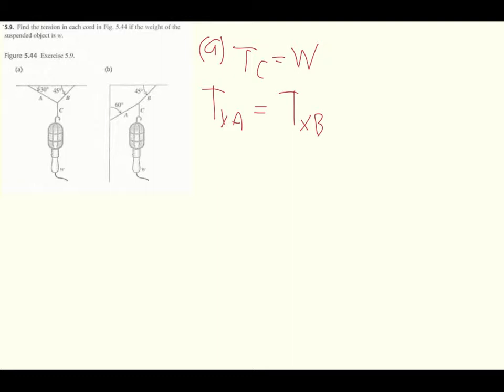And T_yA plus T_yB has to equal the weight. I could have said T sub C because it technically holds up cable C, but since we know it's going to hold up the weight of the little light there, they have to be equal. So those two relationships are necessary conditions for equilibrium, for it to stay in one spot.